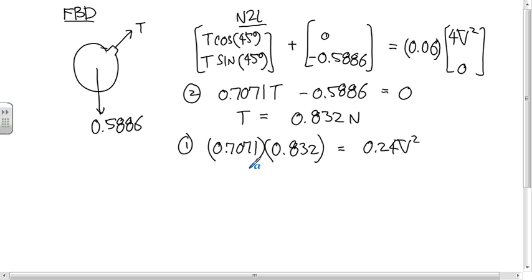And so if you solve for v, you get plus or minus 1.57 meters per second. Do we want the plus or the minus? Plus, because we're looking for a speed, and that's always positive. So for this to have that 45-degree angle with the horizontal, it needs to be spinning at 1.57 meters per second.